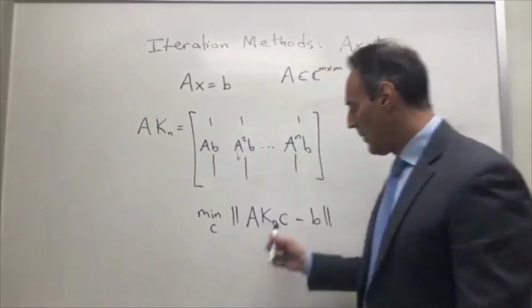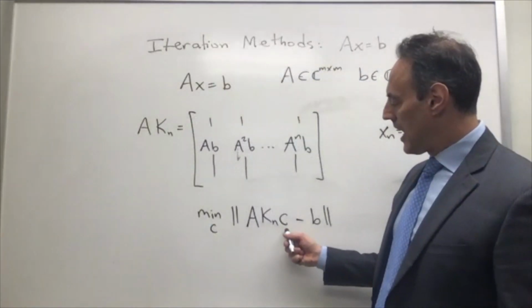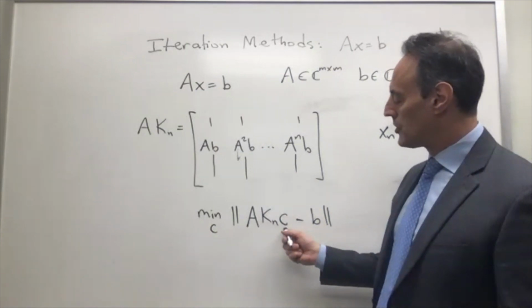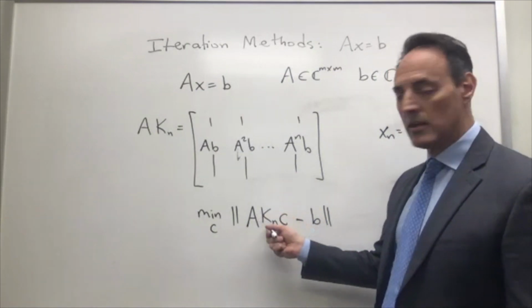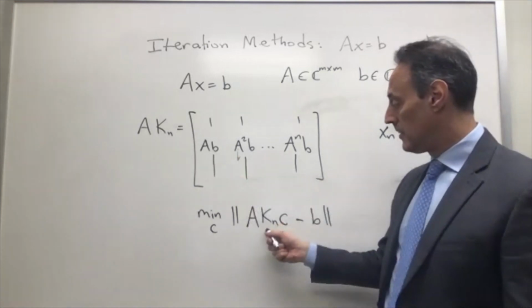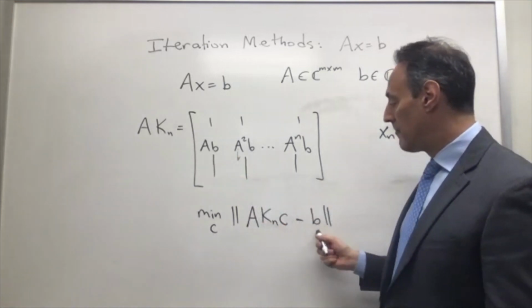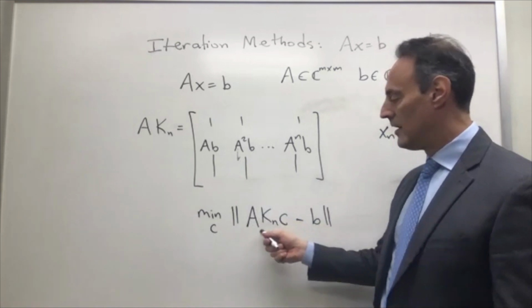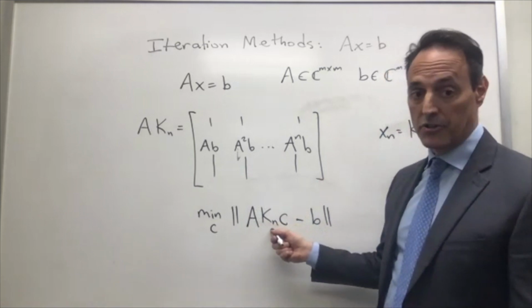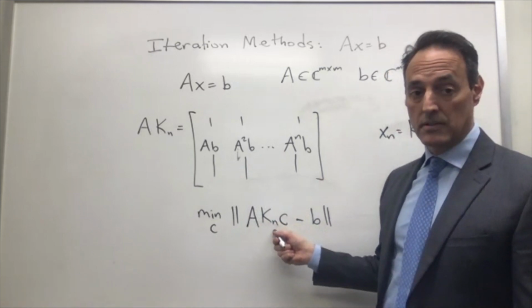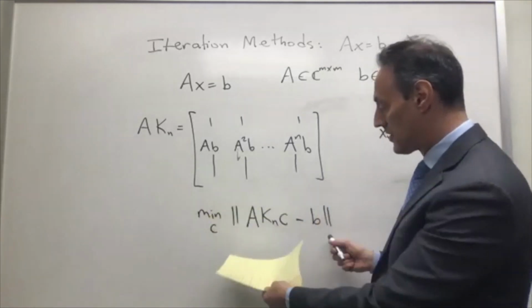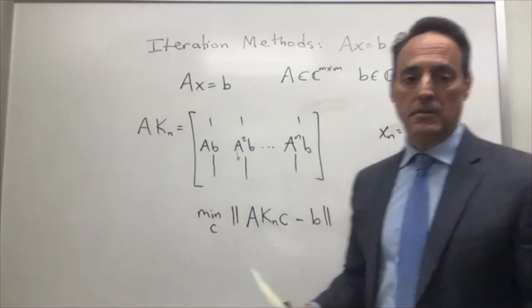What C is doing is saying, if I'm going to represent this x of n, I'm going to pick C, which is a linear combination of the Krylov subspace vectors. I have b, I have A, I have K, so I have everything except for C. I want to determine those C's, those projections onto the columns of K of n, such that this quantity here, this L2 norm, is minimized.